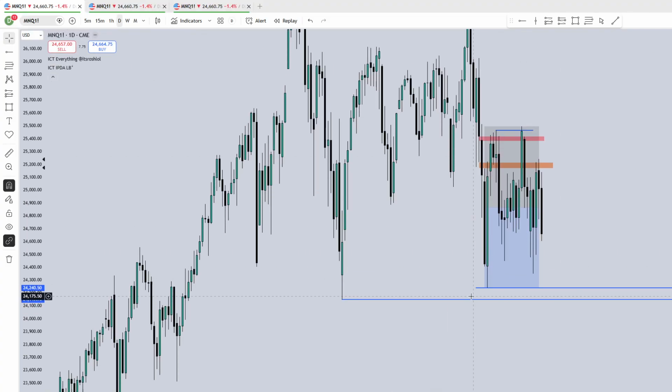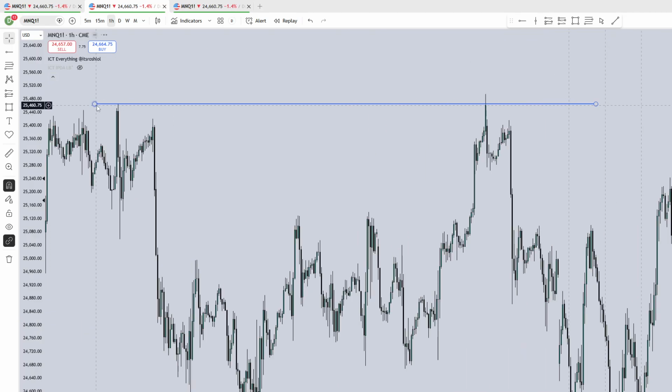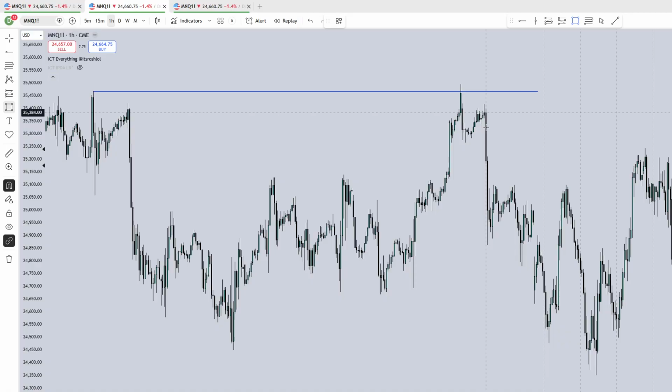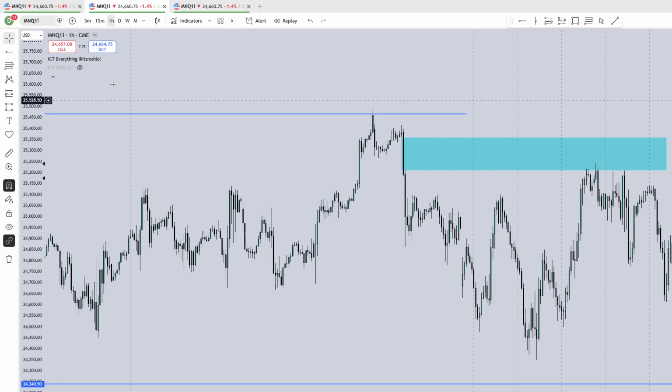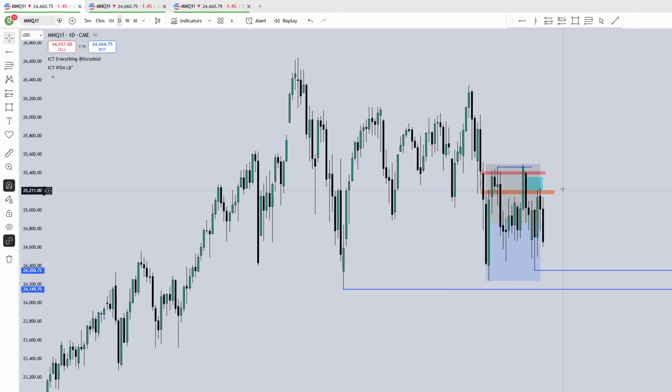The daily chart. So that's what that looks like here. And you can kind of see how we are respecting this. Go to the daily, and I can fine tune this even more.